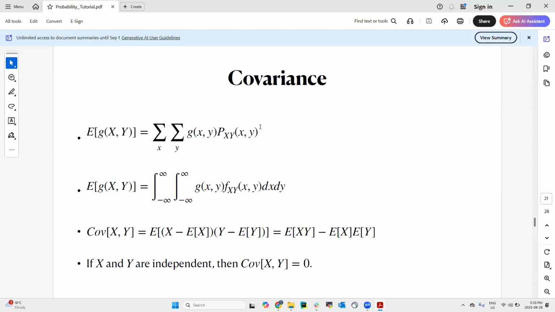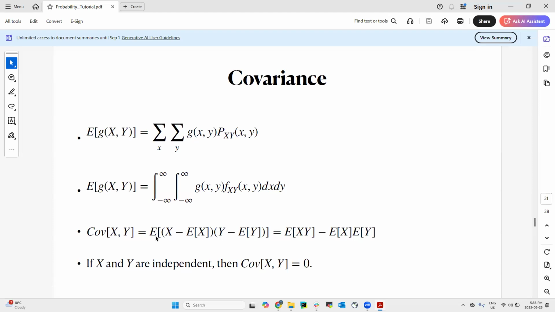So this is another expected value, but this time you're assigning the weights based on the joint distribution. For continuous variables, the summation turns into an integral, and this is what you get. And remember, the expected value, the covariance, and the variance are all scalar values. They should always be just one number.